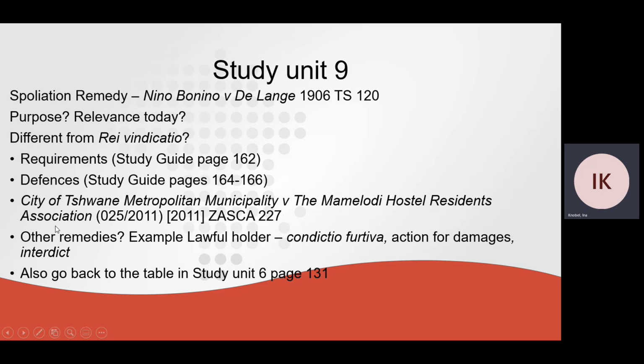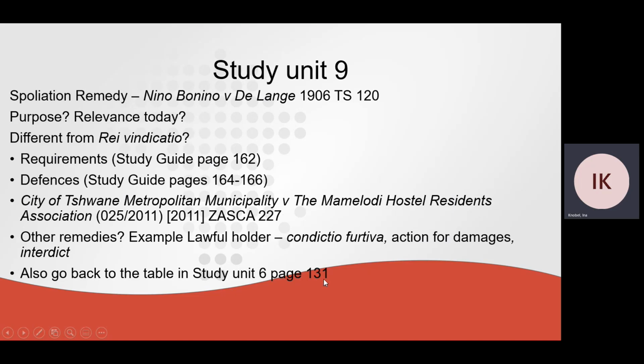It's still a very relevant remedy. Now, the other remedies that I already referred to when I referred to page 131 and the diagram are the condictio furtiva, the action for damages, and the interdict. Those are all remedies that are also available to persons who are not necessarily the owner of property or land or whatever the case might be.